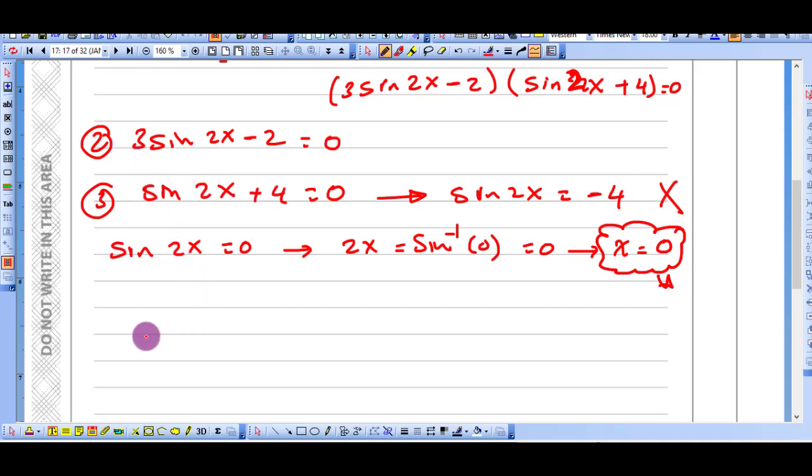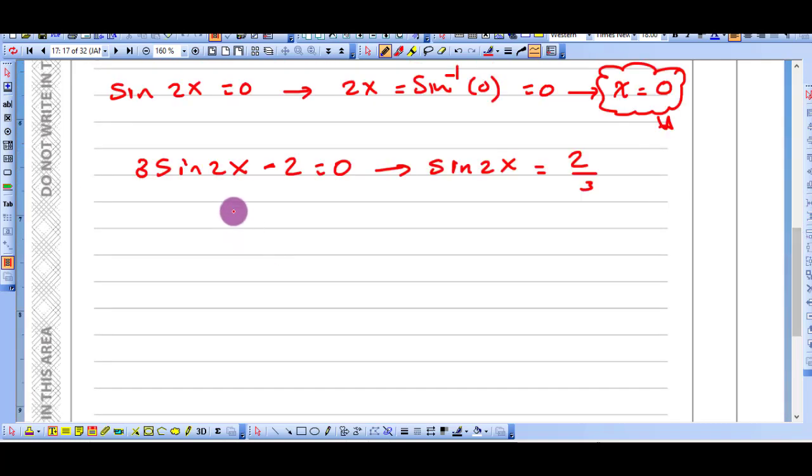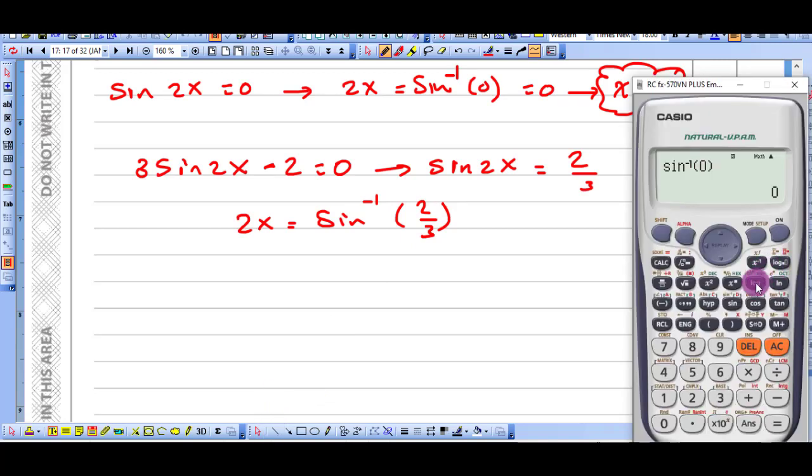Second equation, which is here, 3 sine 2x minus 2 is equal to 0. So from here, sine 2x is equal to 2 over 3. So 2x is equal to sine inverse 2 over 3 in radian form. Now shift sine minus 1, 2 over 3, 0.7297.